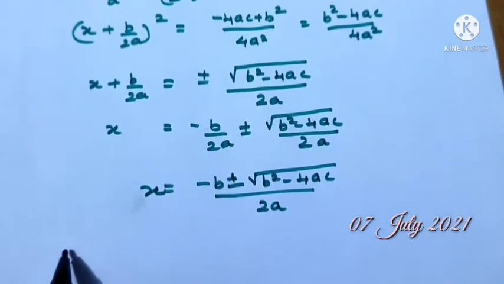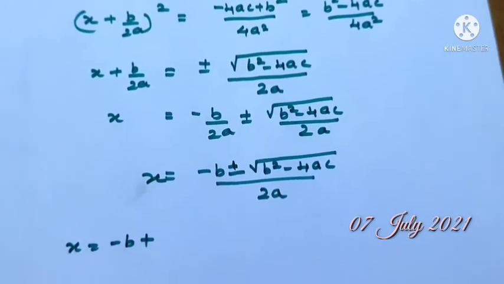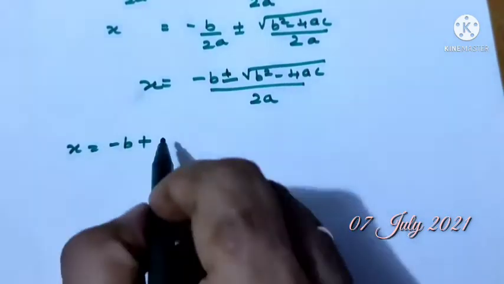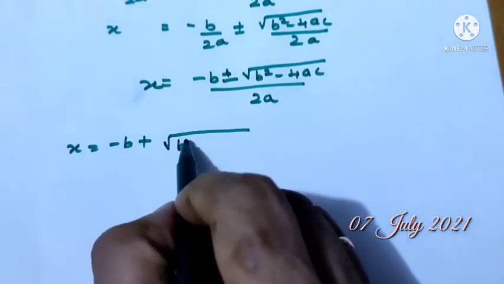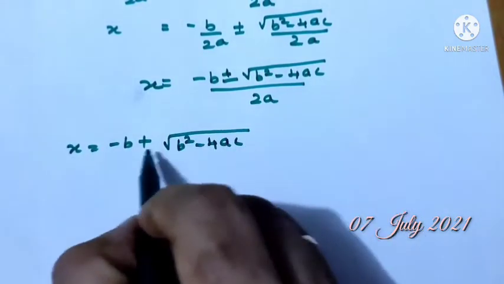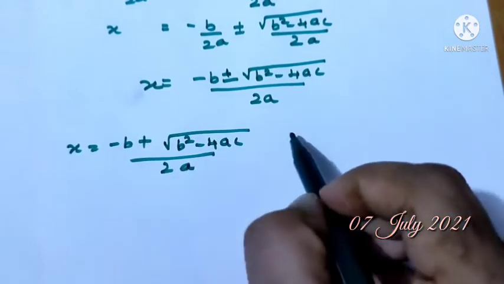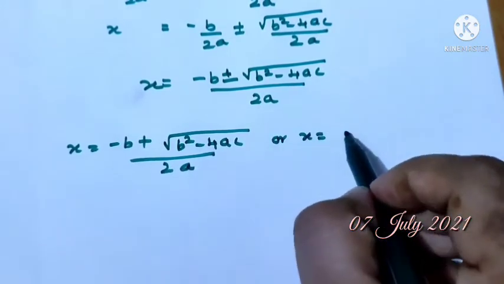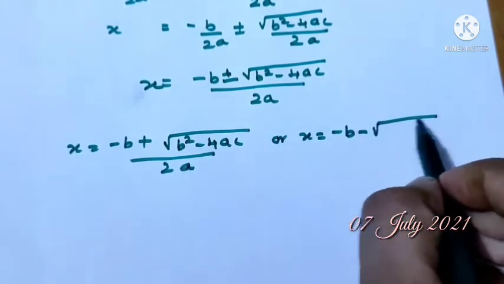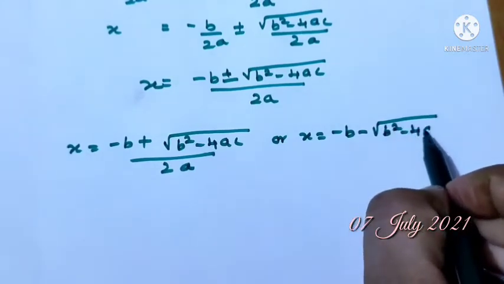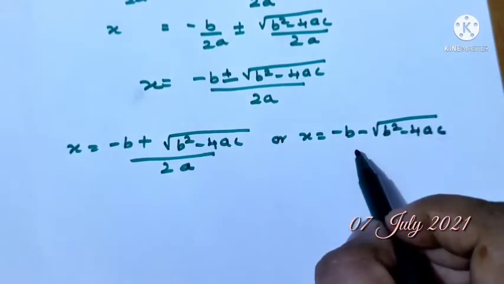So what I can write here: x equal to minus b plus root of b square minus 4ac by 2a, or x equal to minus b minus root of b square minus 4ac divided by 2a.